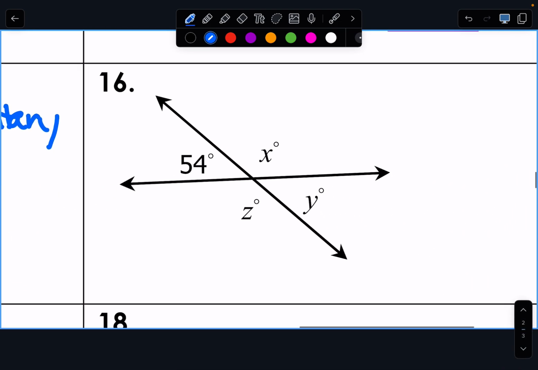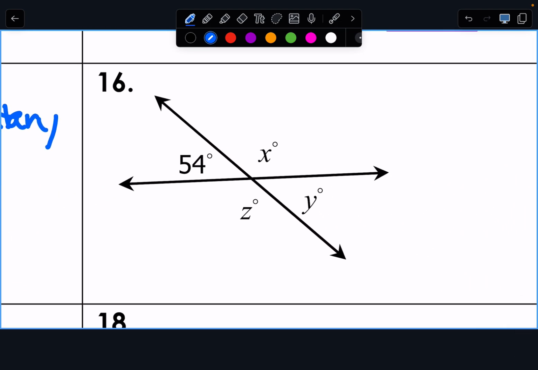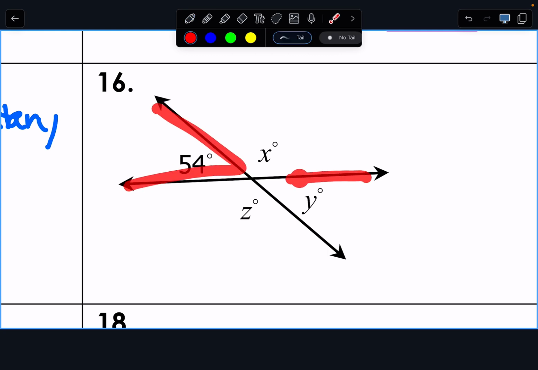Now, I see some interesting things for number 16. I see some partial answers. So, what is true about y and 54?